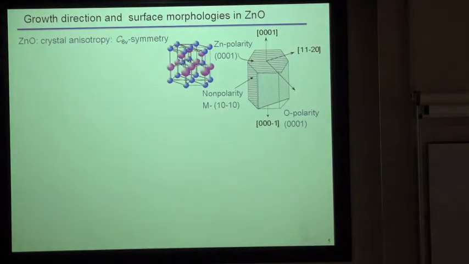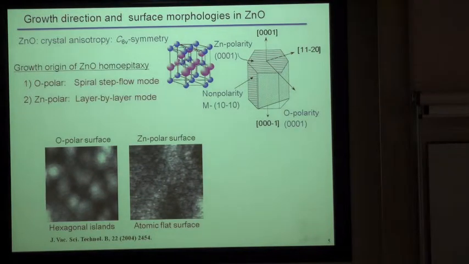And zinc oxide has a wurtzite crystal structure, and it shows various very interesting crystallographical behaviors. For example, when we select the O polar surface, here is the O polar, and the backside is the zinc polar, plus plane and minus plane. In the case of the O polar surface, the zinc oxide film itself shows these kinds of screw-like hexagonal shapes due to the crystal structure.